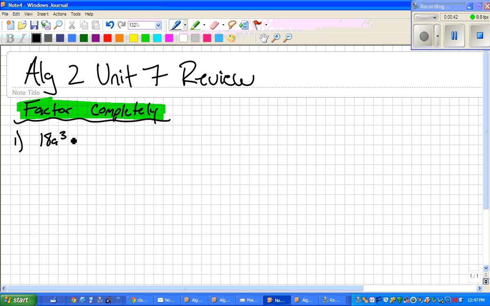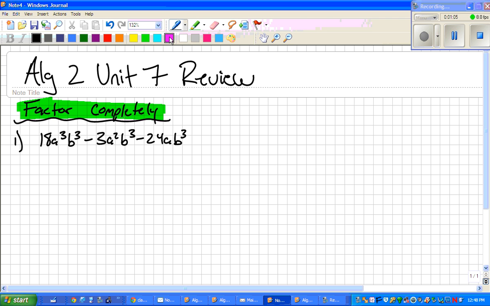So we got 18a cubed b cubed minus 3a squared b cubed minus 24a b cubed. So all we're doing for number 1 is looking for the GCF.